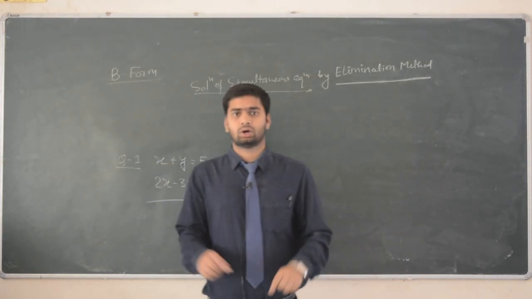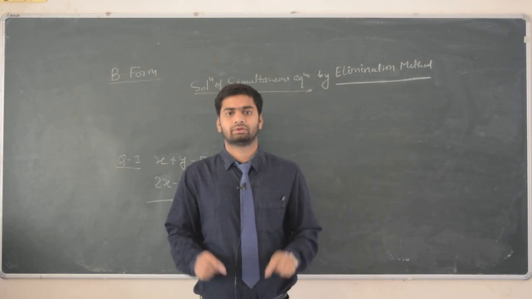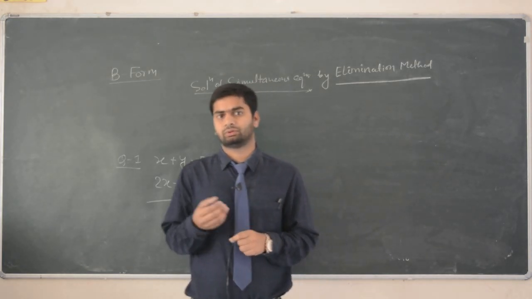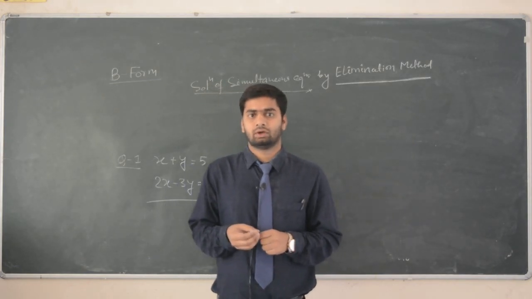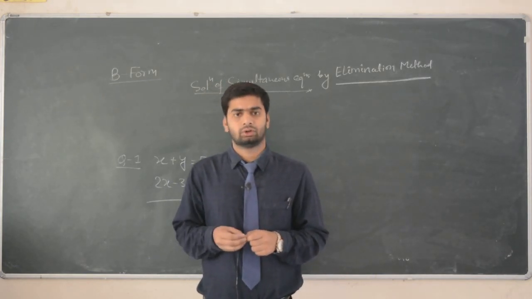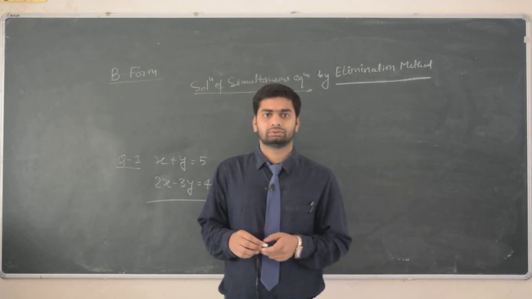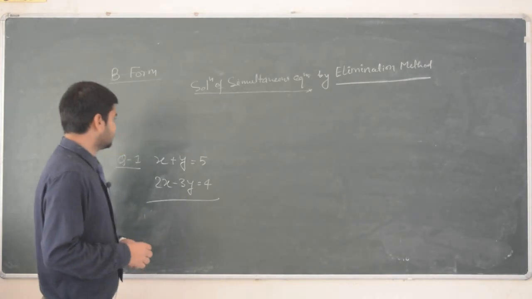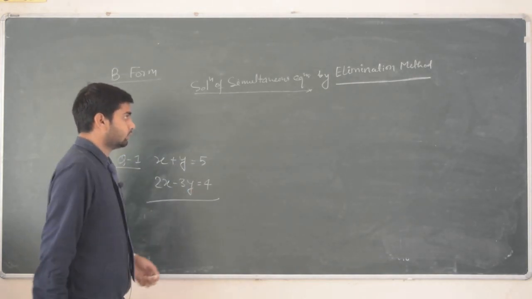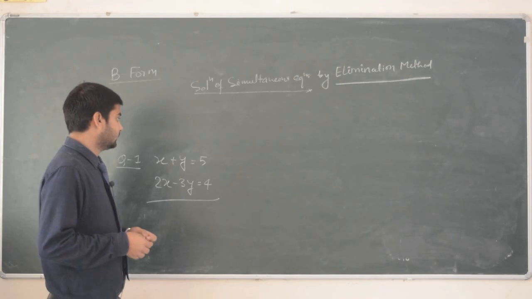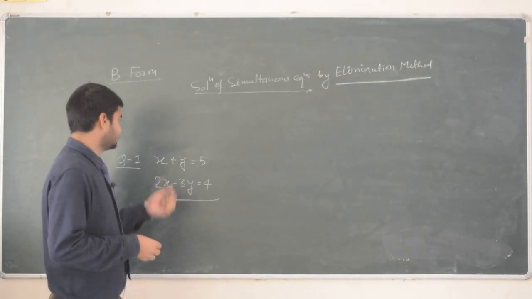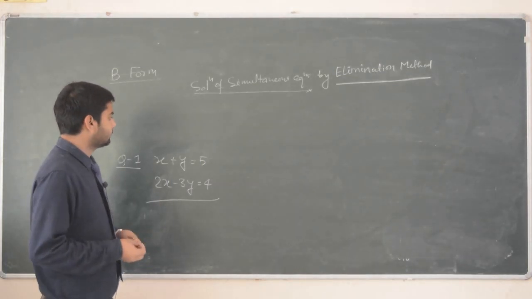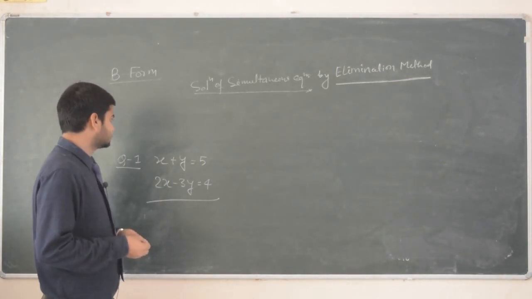In all these problems, we are given two equations, and we want to solve these two equations, or just get the values of x and y which satisfy these equations. By the elimination method, we multiply by a number in either one equation or both equations, so that by adding or subtracting, one variable gets cancelled out.